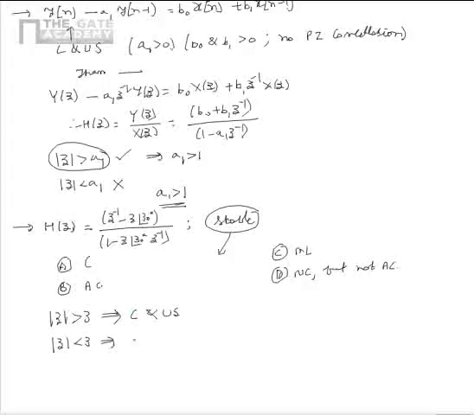In case of the second ROC, the system is stable, anti-causal, and non-causal. From this, we see that if the system is stable, it implies that the system is anti-causal. So the correct option is B.